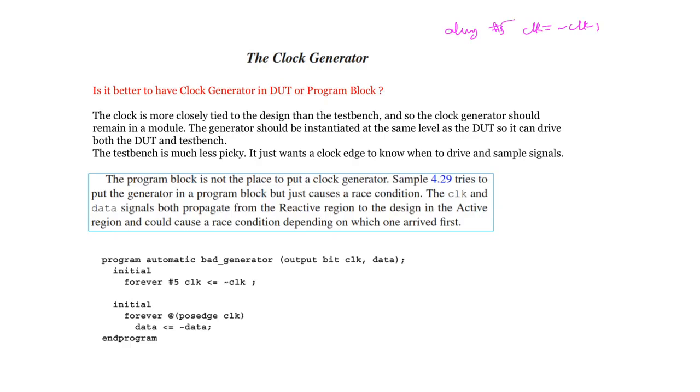The program block is not the place to put a clock generator. When you are placing the clock generator there, some race problem exists, because if you place the clock signal in the program block, that means the test bench clock, this clock signal is going to be executed in the reactive region.